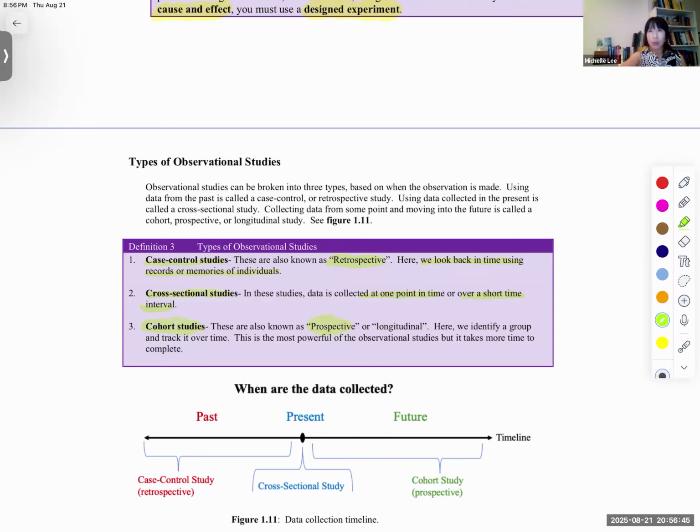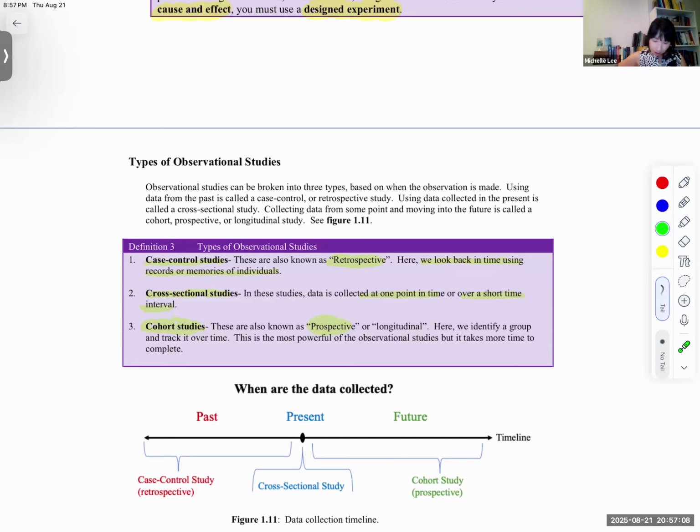Okay. There is a nice picture here. So first one, case control studies. So we're going back to memory records. That's case control study, right? So retro. So going back, retro, right?